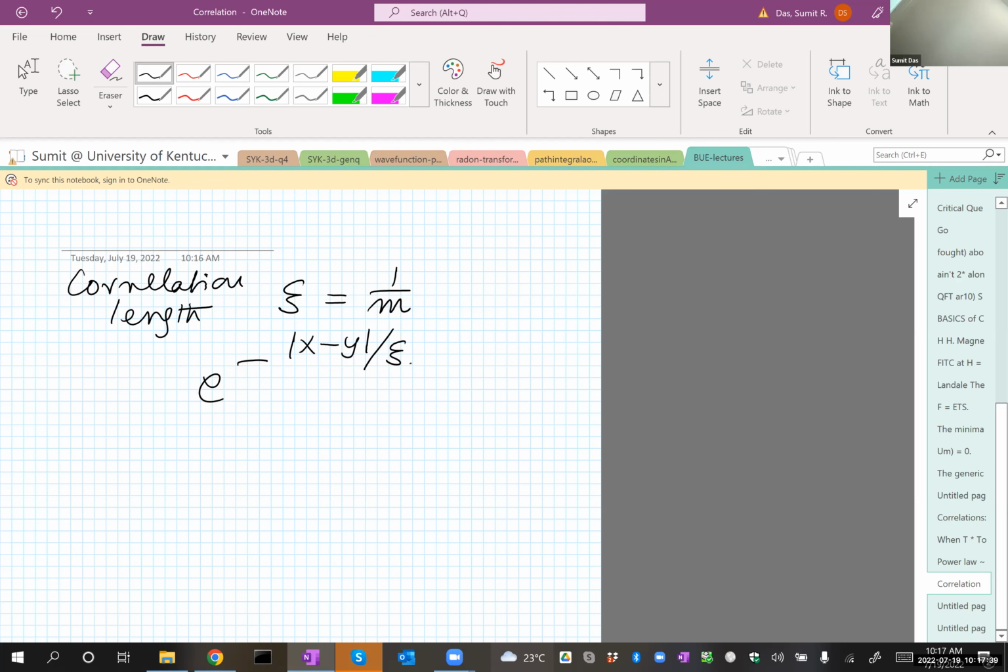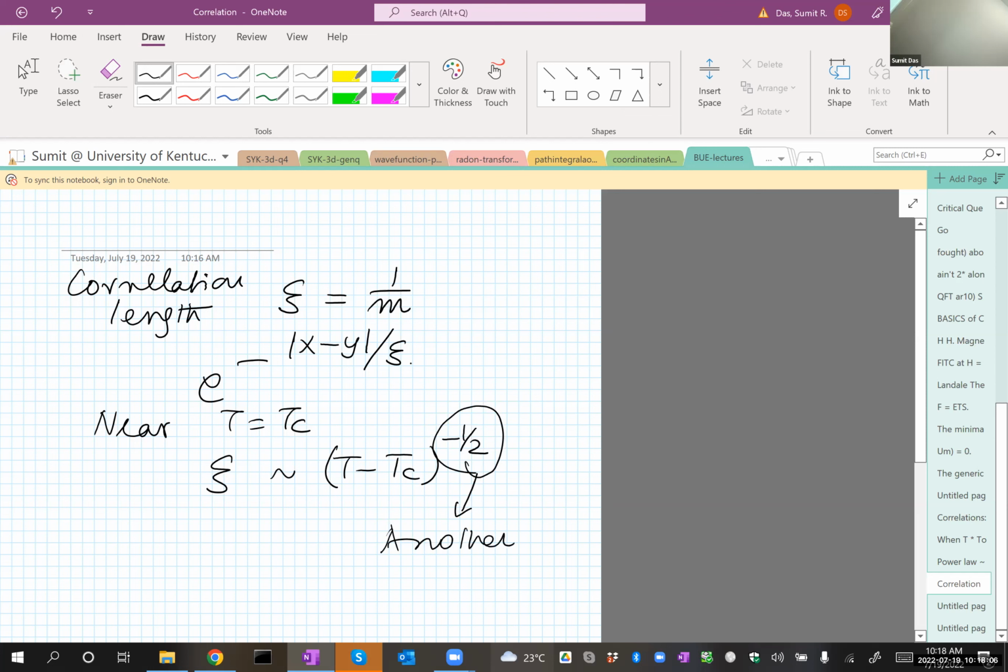You can calculate in this Landau theory how the correlation length behaves as a function of the temperature. Near T equal to Tc, the correlation length goes as T minus Tc raised to the power minus half. This is another critical exponent.